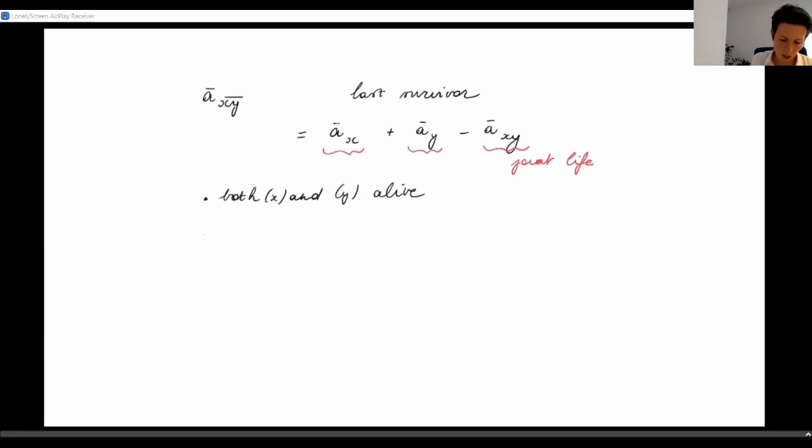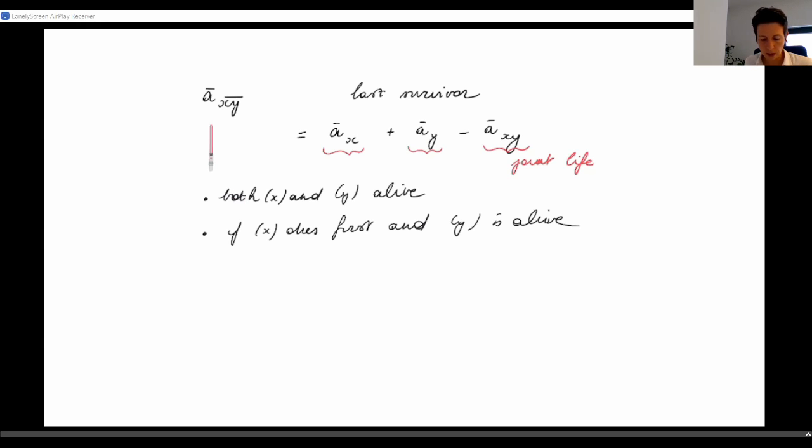Now, what happens if X dies first and Y is alive? Then the product that I'm interested in, my last survivor product, will continue to pay an income continuously of 1 per year to the surviving partner Y, right?